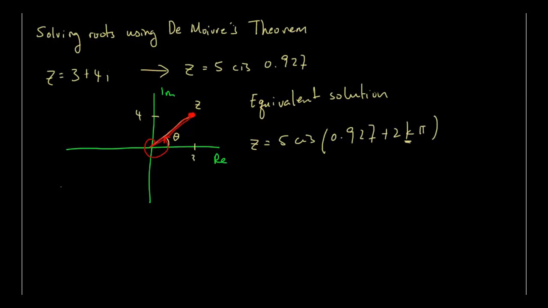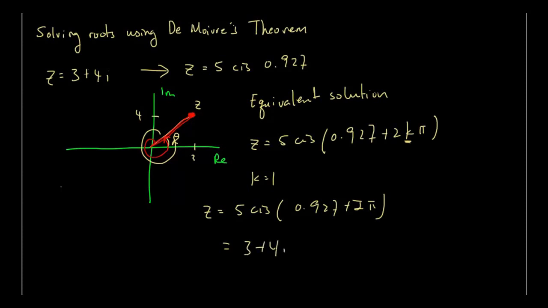Say, for example, if I rotate this once, then k equals 1. So z equals 5 cis of 0.927 plus 2 pi. That will give me back exactly 3 plus 4i.